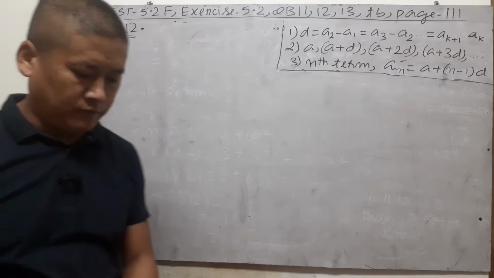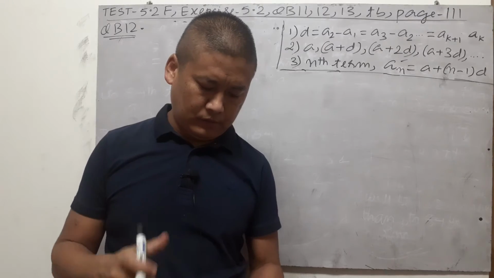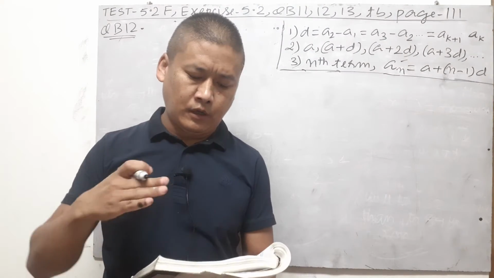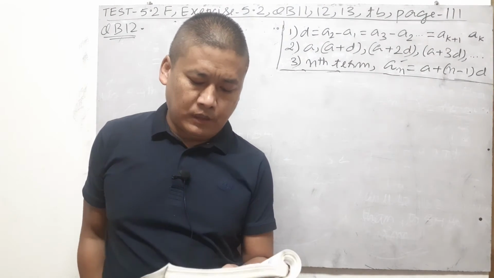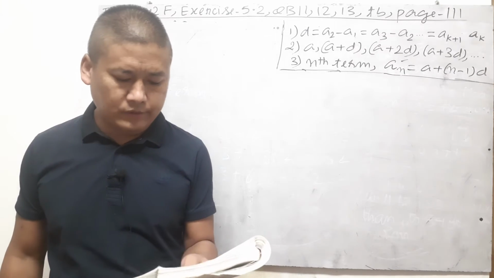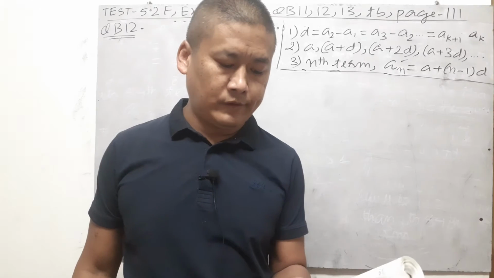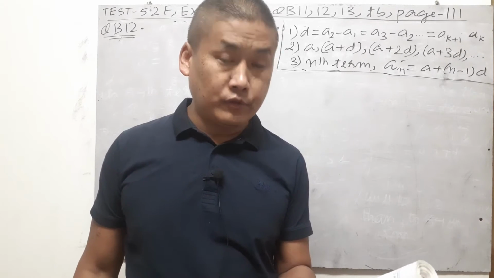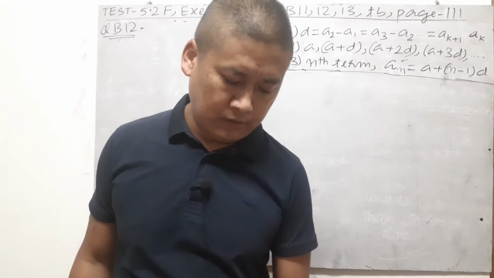Let me read the question for us. Two APs have the same common difference. So they're two different APs but have the same common difference. The difference between their 100th terms is 100. What is the difference between their 1000th terms?